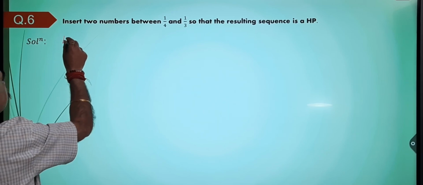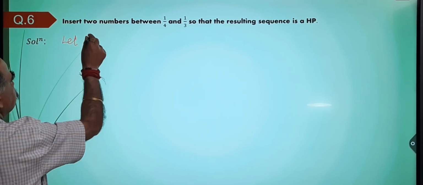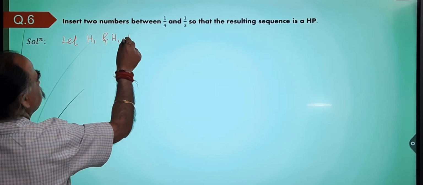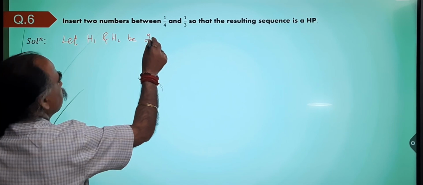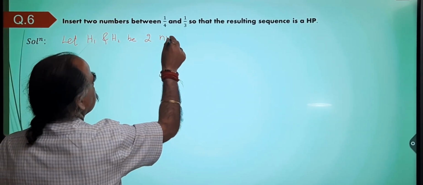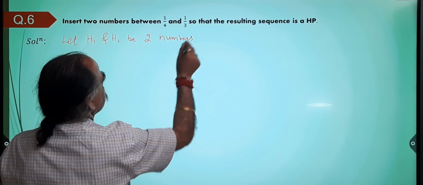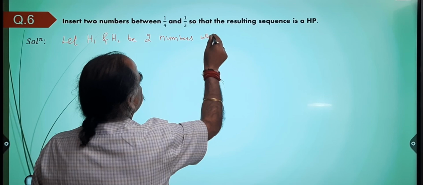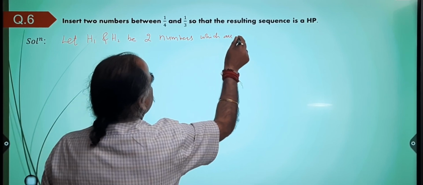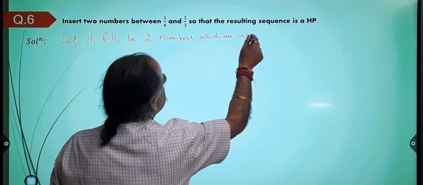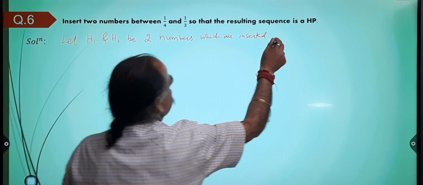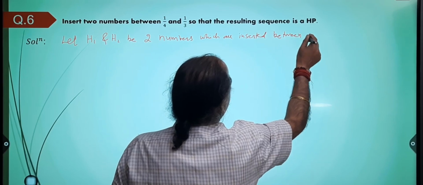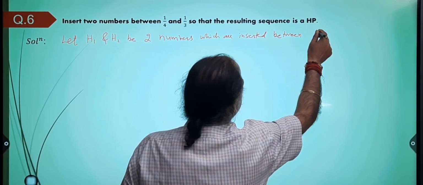Let H1 and H2 be two numbers which are inserted between 1 by 4 and 1 by 3.